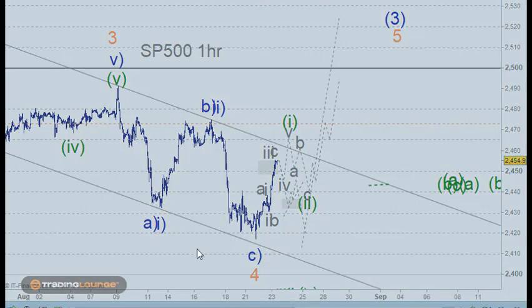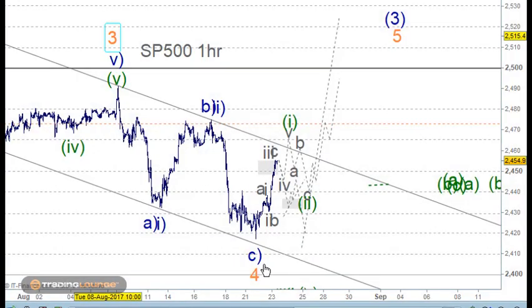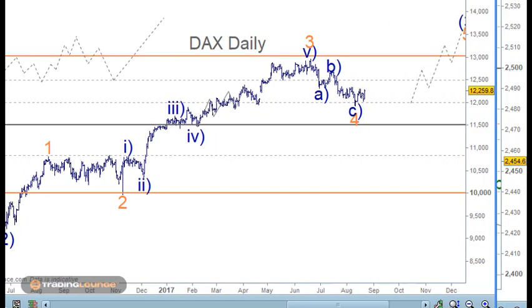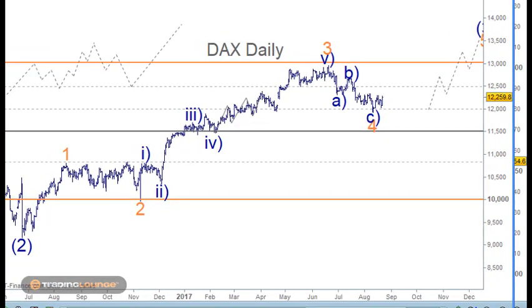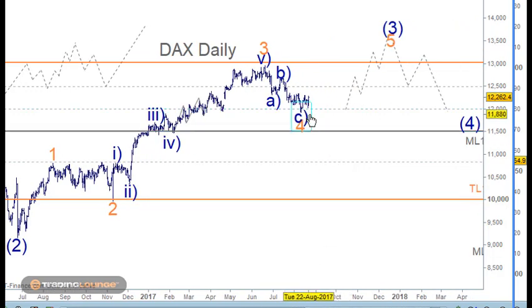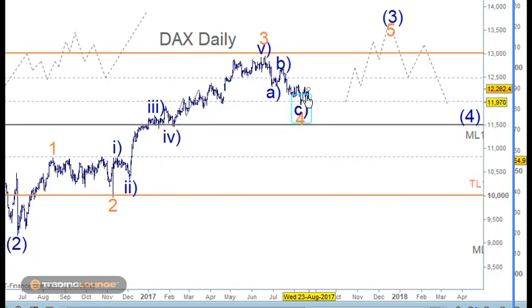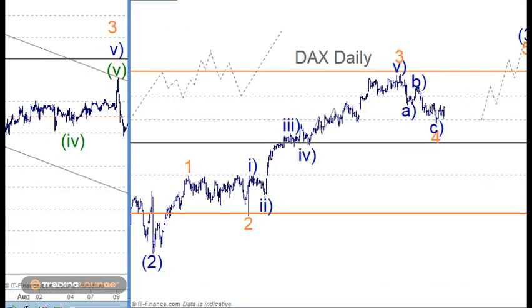And I kind of like this in a way, this wave 3 and wave 4 here, and then wave 5 up here, because really that's in line with the DAX as well. That's how we've counted the DAX. So even though the DAX has been in corrective mode for much longer, they just both seem to be at the same point now. So looking for that 5 waves to the upside there. So I just thought that that was interesting. Not that it means a lot, but it's something.